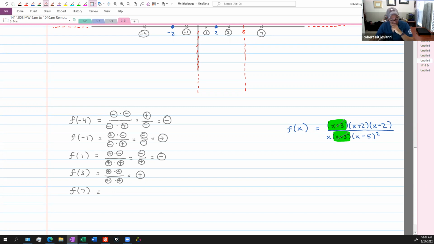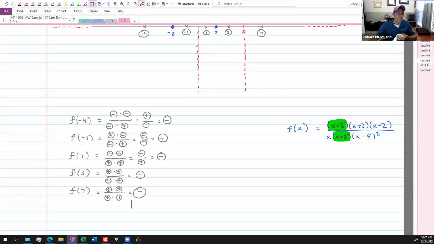Look at what happens at 7 though. At 7 on the top, they're both going to be positive. And when you plug in 7 here to the bottom left, you get positive, and then the bottom right is still positive. And do you see, you stay positive there? It didn't switch.